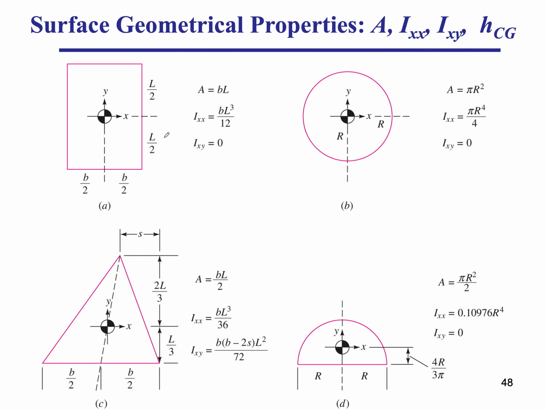for different shapes. So here you have a symmetric object around the center of gravity. So the first thing is you place your center of gravity. It's a rectangle. The area, we know it. The IXX is the BL cubed over 12. So one thing you need to pay attention to here is the y-axis.